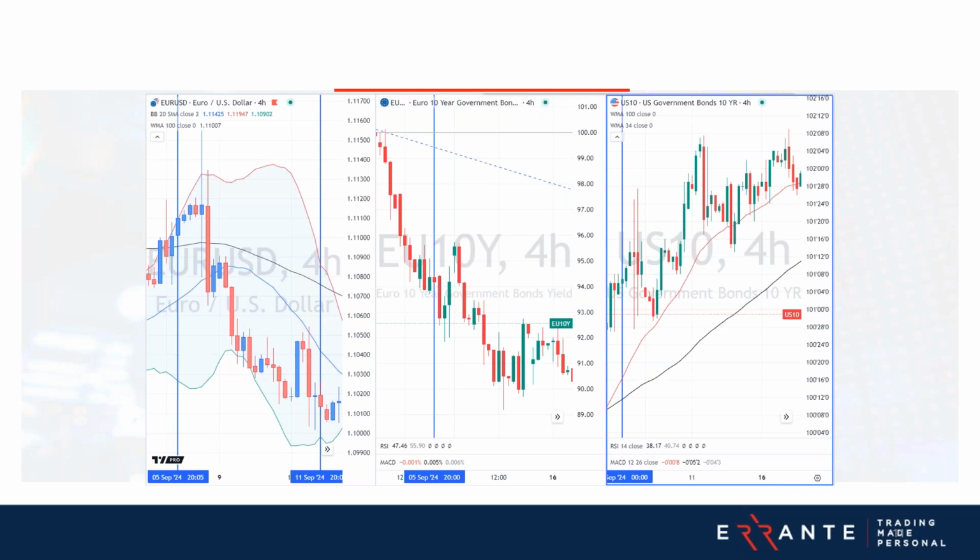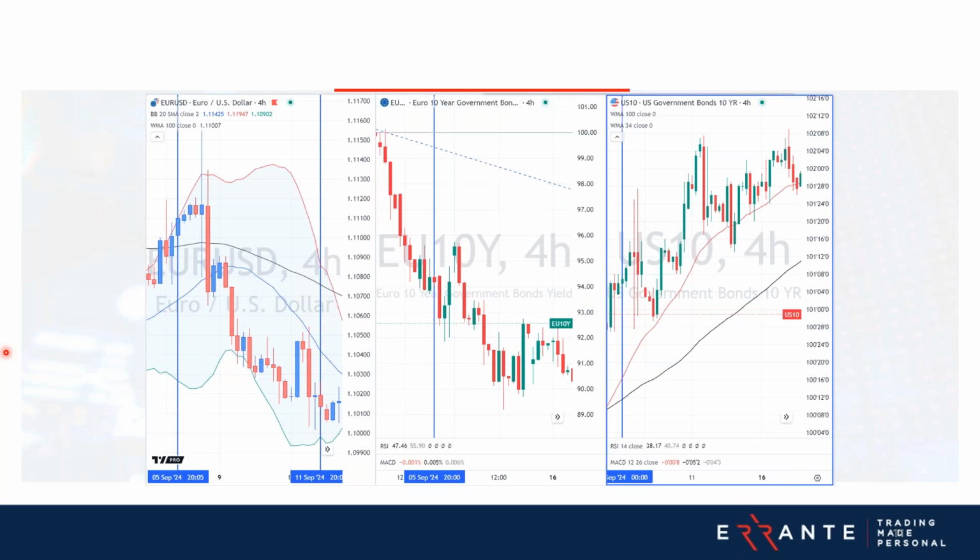So the chart clearly shows the widening yield spread between the US and Eurozone bonds as the Euro 10-year bond yields continue to fall and the US 10-year bond yields stay stable or rise somehow. And this increases the relative attractiveness of USD over the euro. This widening spread is putting downward pressure on Euro USD, which is why the currency pair is trending lower.